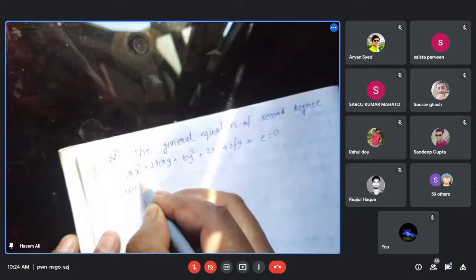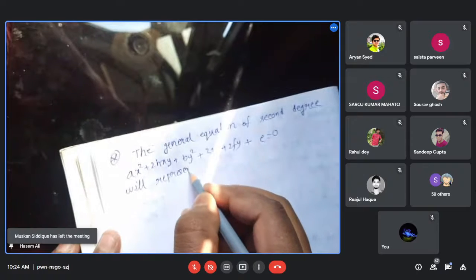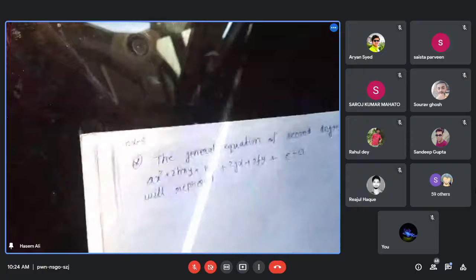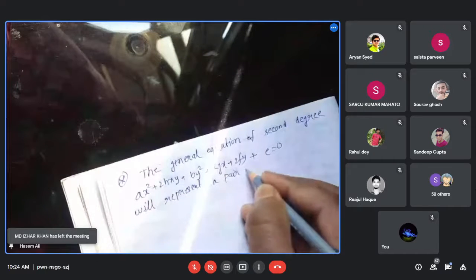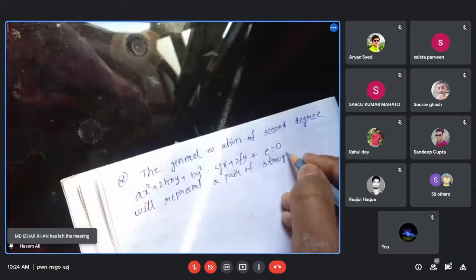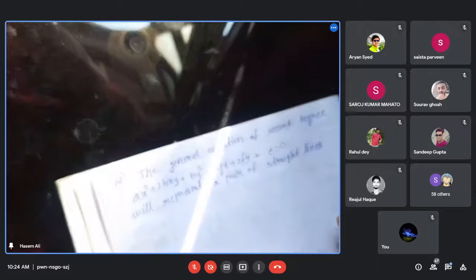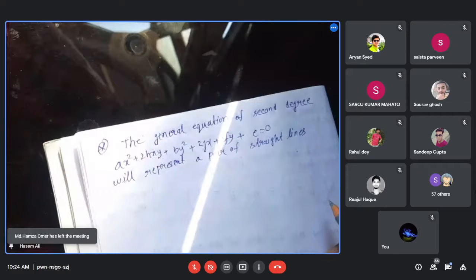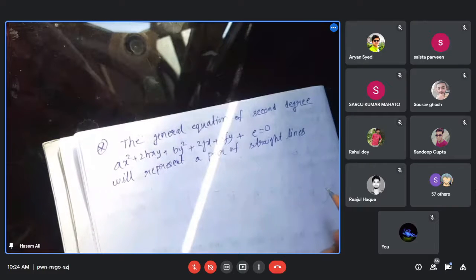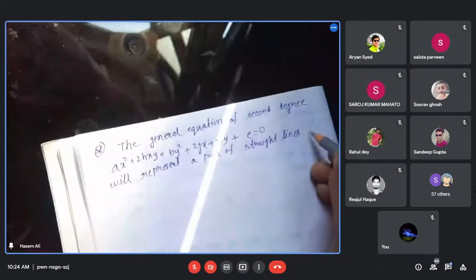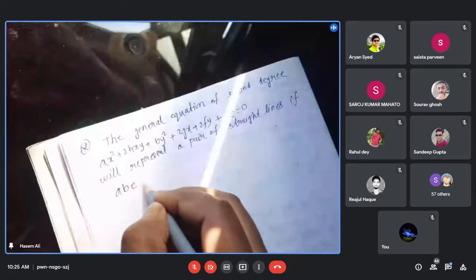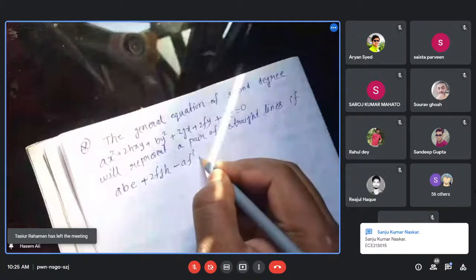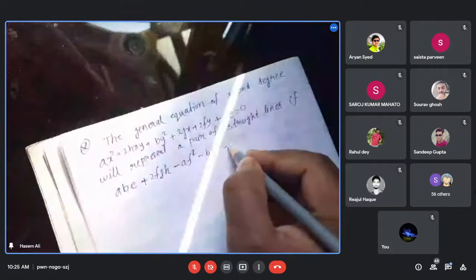This will represent a pair of straight lines, in general not passing through the origin, if the condition is abc plus 2fgh minus af square minus bg square minus ch square equals to 0.